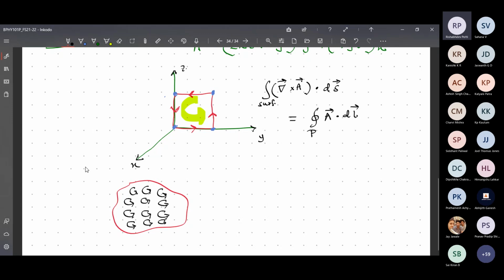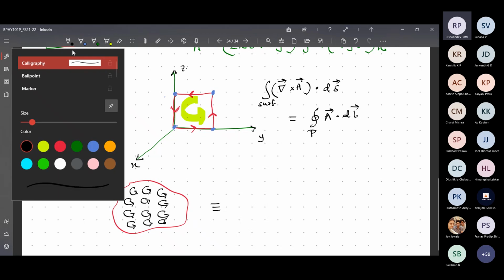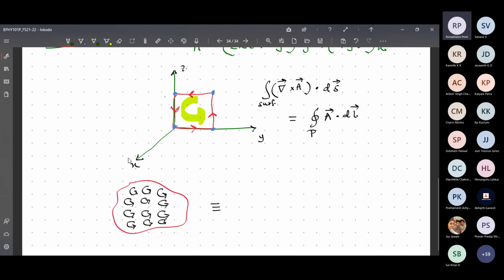Now, if I want to compute the overall flow of the whole region, which is a surface, that is equivalent to computing not the independent circulations, but rather the value at the boundary of the flow.